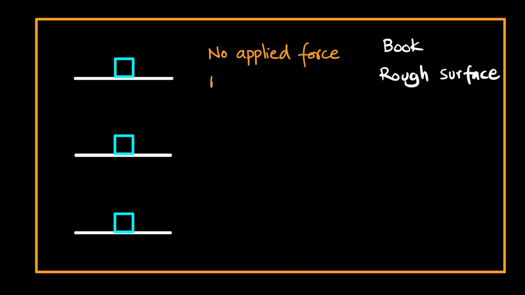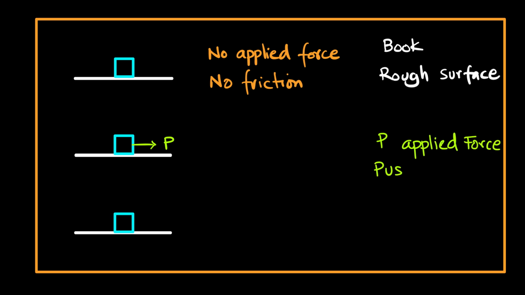If there is no applied force, there is simply no friction. Now let's look at the second scenario. There is this force over here, which is P. P is an applied force. It could be a push or a pull. When I'm applying this force, the particle is not moving.